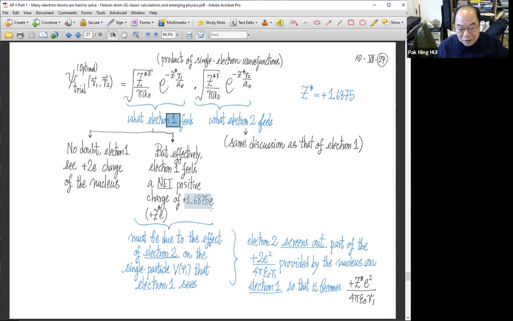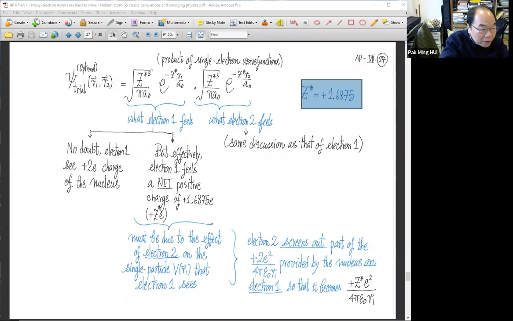We can think in similar terms to interpret the second term. Electron number 2 sees the full +2e of the nucleus, but electron number 1 has the effect of screening off part of that charge. And electron number 2, again, only sees a net charge like this. So this is the key concept.